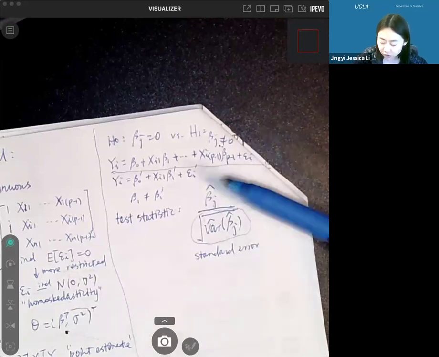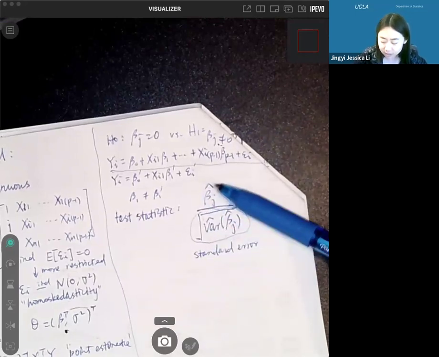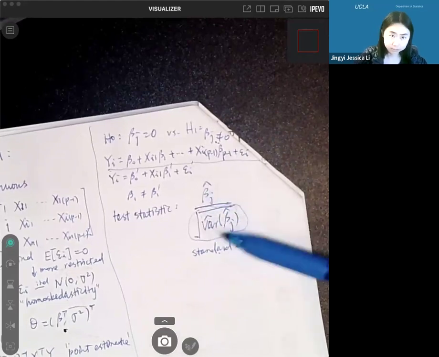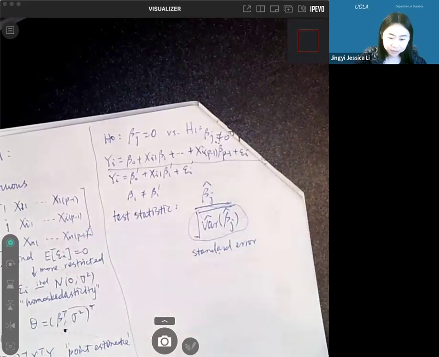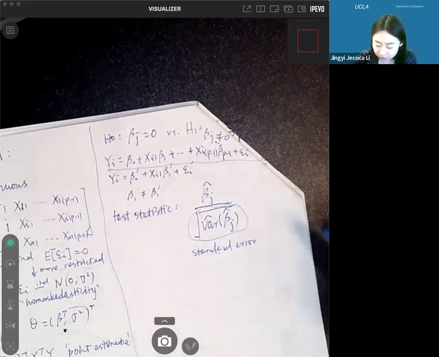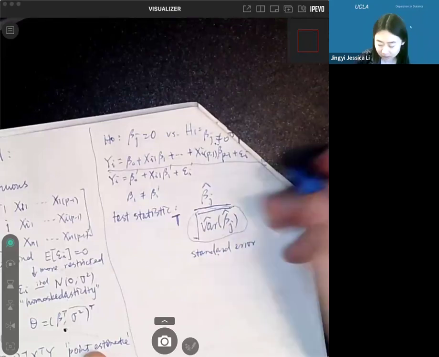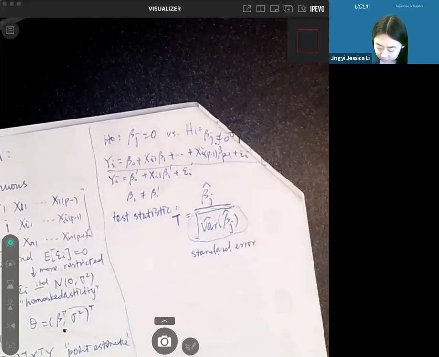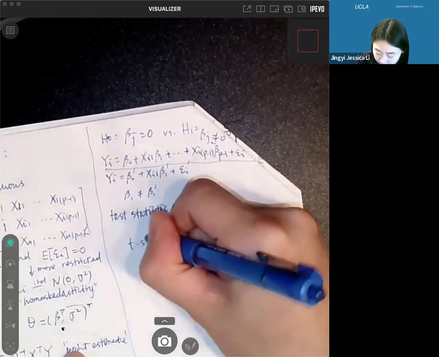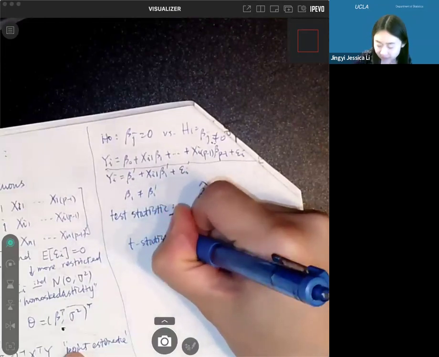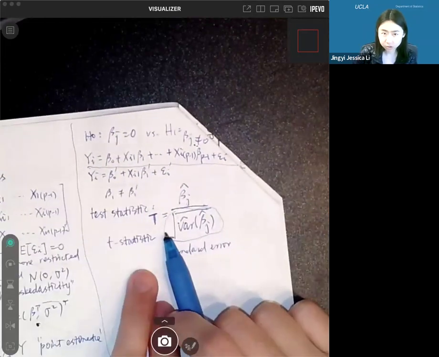So we just standardize beta hat j, the estimate, by its standard error. Hopefully, its distribution doesn't rely on additional parameters, so we can make up standard tables. In fact, this is defined as the T statistic. You can call it the T statistic, and the name comes from the T distribution.